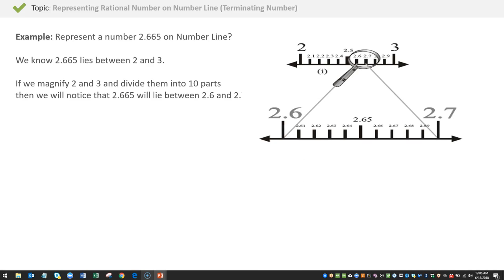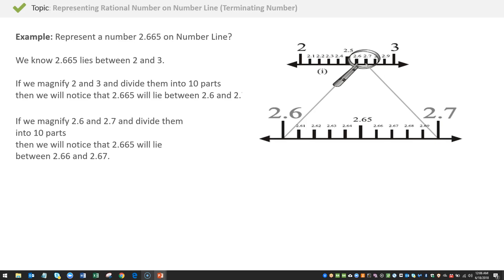If we magnify this further and divide them into 10 parts, I'll get 2.6, 2.7 and the 10 divisions between them. We'll notice 2.665 is a number between 2.66 and 2.67.